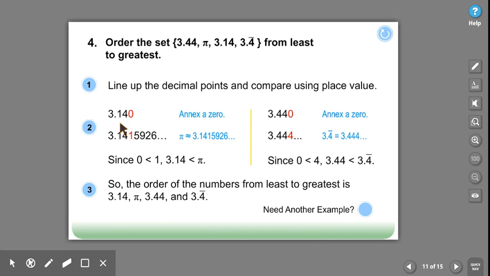Okay, see, these two had the 1 and the 4 the same. So if you moved on to the next decimal place, 0 came first, and then this 1. These 3.44s were the same, but because this is a terminating decimal, you can add zeros on forever. 0 is less than 4, so that's why that goes third, and then this goes fourth.